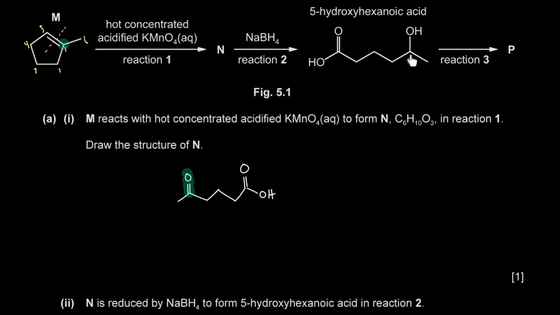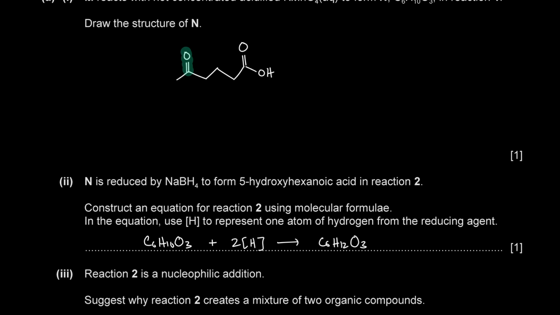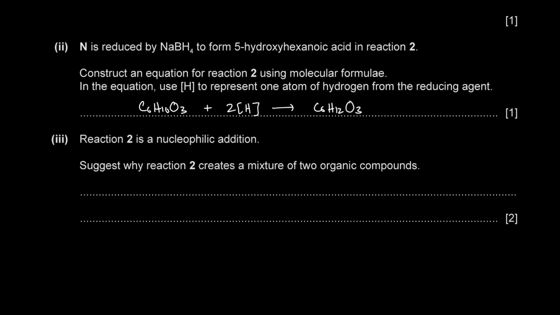And the reason we get optical isomers here is because the nucleophile can attack the trigonal planar carbon from either side. So for example, if I drew the ketone carbon this way, then the nucleophile can attack this carbon atom from the front or the back. So that's why we end up getting a mixture of optical isomers.